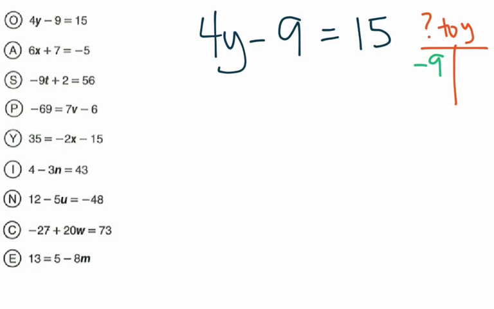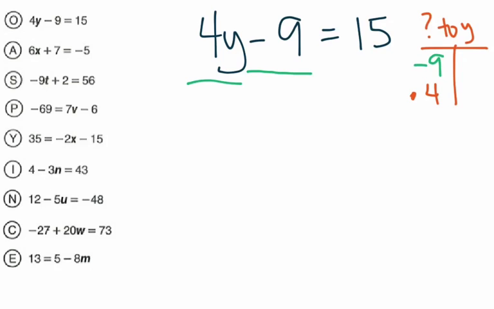And also notice that 4 is being multiplied because the 4 and the y are very close together. When there's no gap and there's no space, that means multiplication. So the two things that are happening to y is it's being subtracted by 9 and being multiplied by 4.